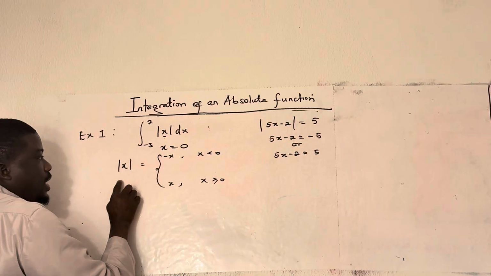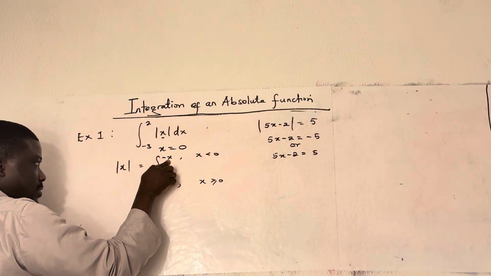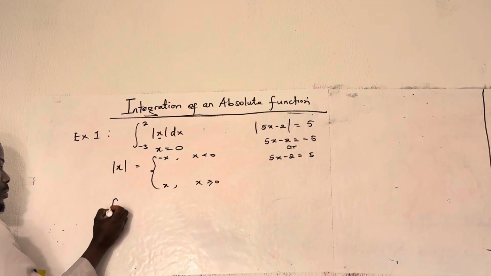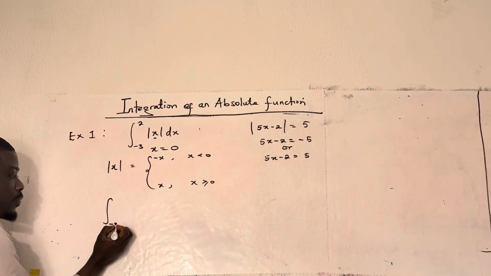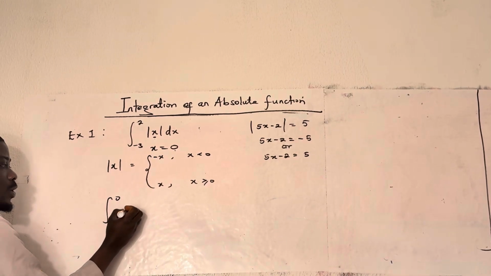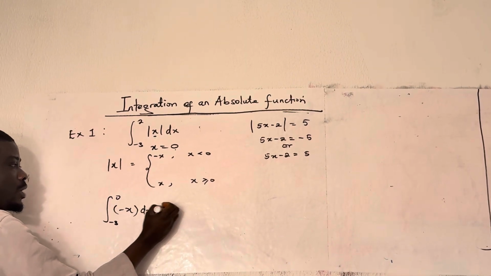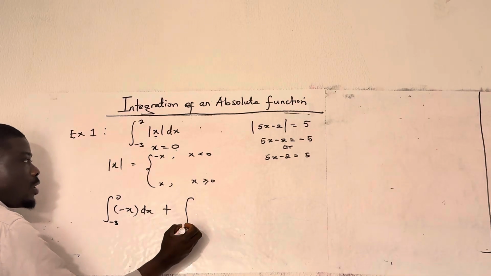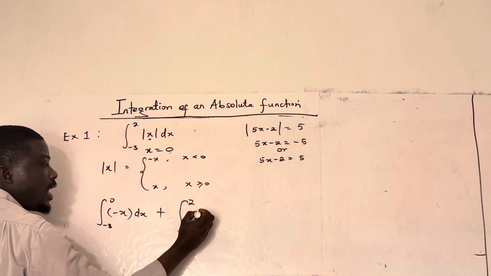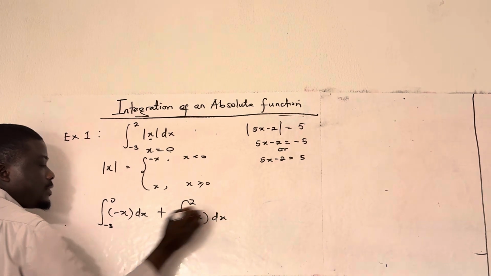Now, when x is negative, we have the integral from minus 3, the lower limit, to 0 of minus x dx, plus the integral from 0 to 2 where we have x as positive, dx.